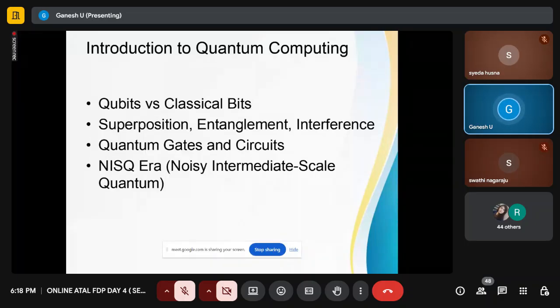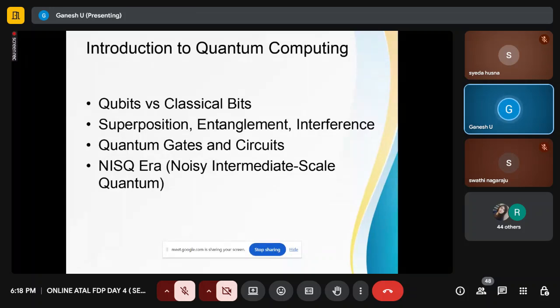When we combine machine learning techniques with quantum computing, we use these principles: superposition, entanglement, and interference. What is meant by superposition? Generally we have either 0 or 1, only two possibilities. But qubits are not like that. Superposition means we have plenty of possibilities.